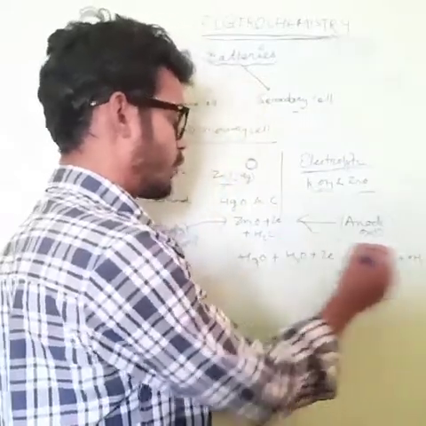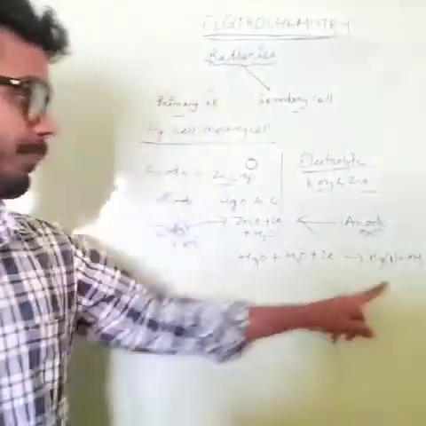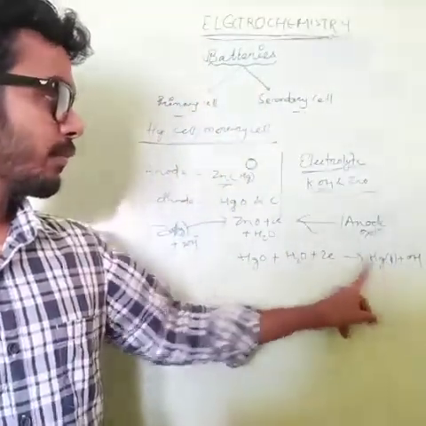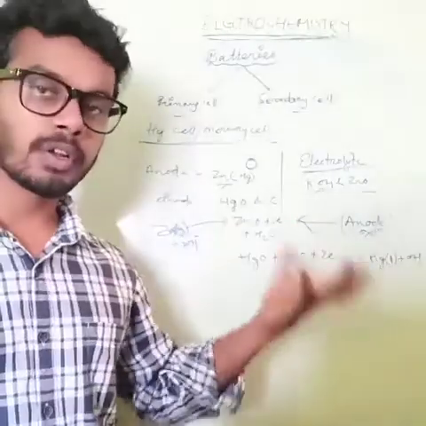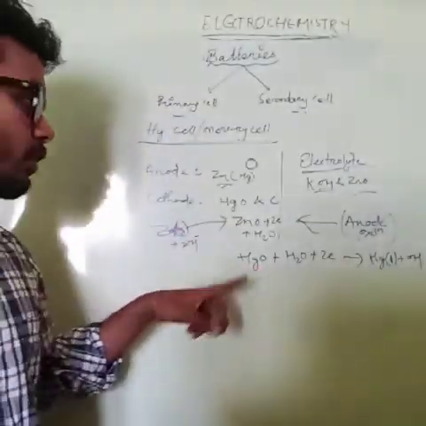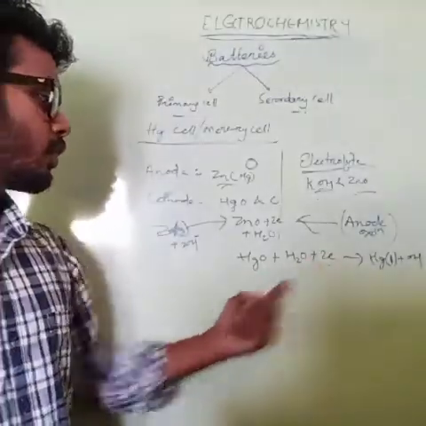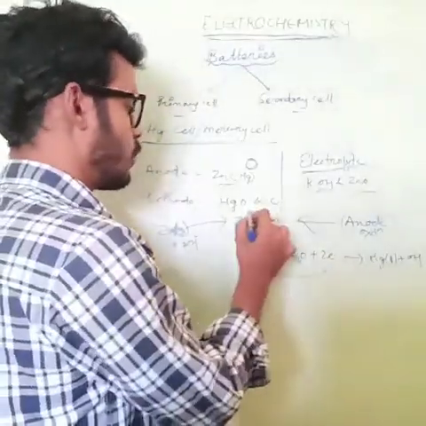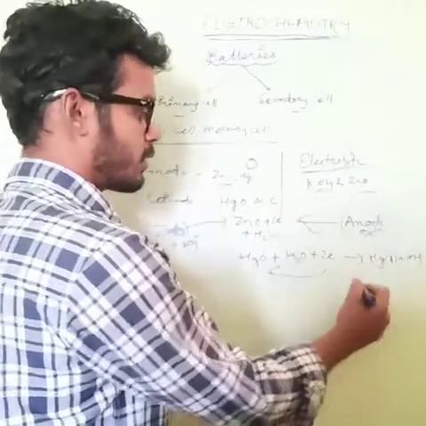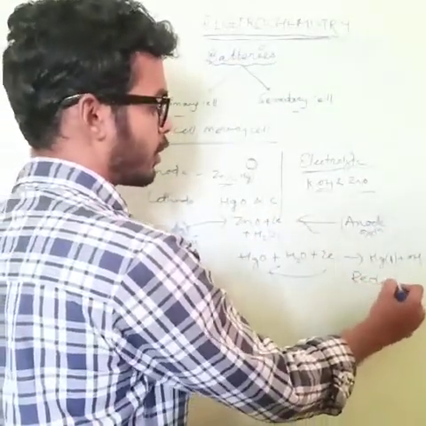Here reduction will happen, zero state. Here it is gaining electrons, here it is losing electrons. Here oxidation happens, and this is reduction in the mercury cell.